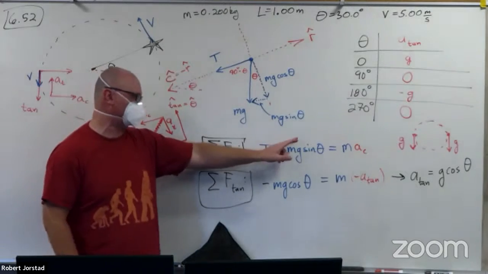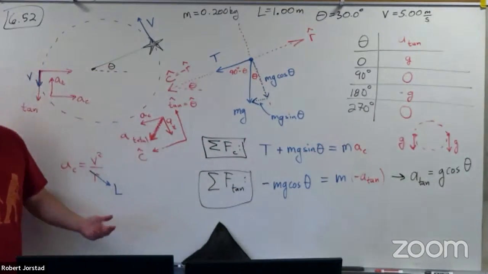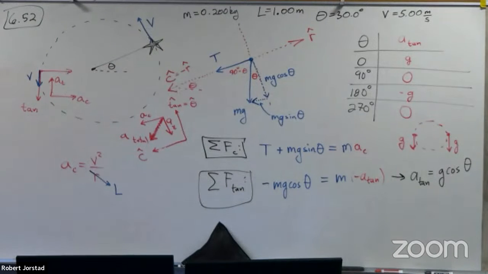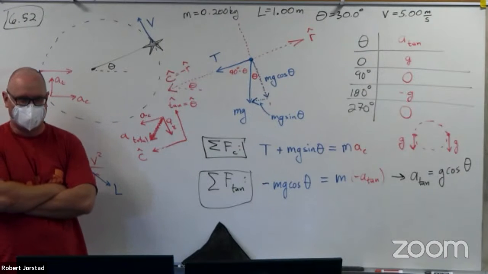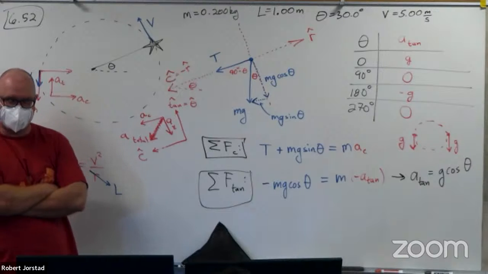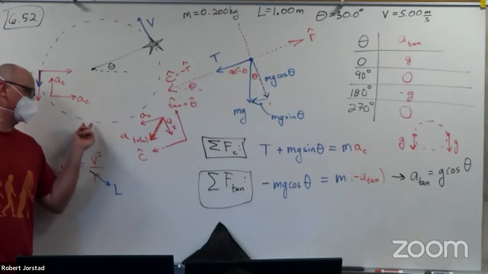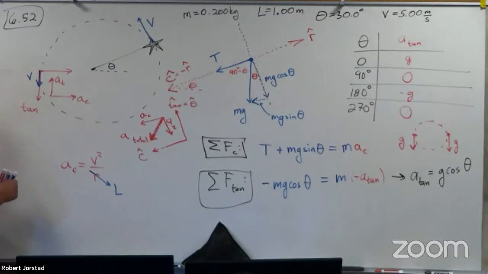Do you agree we know this, this, this, this, this? We can get the tension in the string. If you had to guess, where is the tension in the string going to be the largest? At the bottom of the swing. Do you agree it tends to be moving fastest at the bottom? Look at this free body diagram at the bottom.